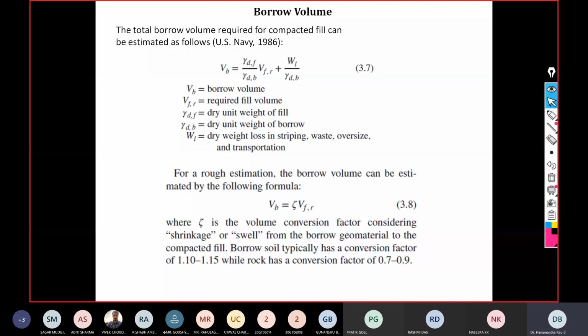Gamma_F is the dry unit weight of the fill and gamma_B is the unit weight of the borrow, determined by the core cutter method or sand replacement method. And there is a factor for dry weight loss in stripping, waste, oversize, and transport. So when you are excavating the soil mass and in the process of transportation from the borrow area to the site, anything can happen.